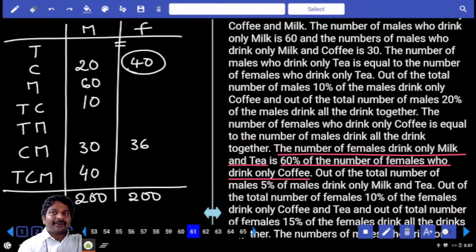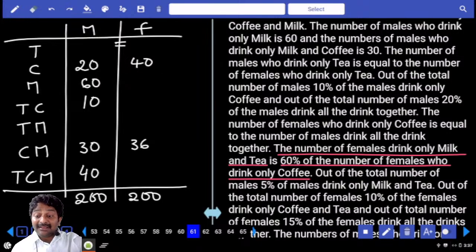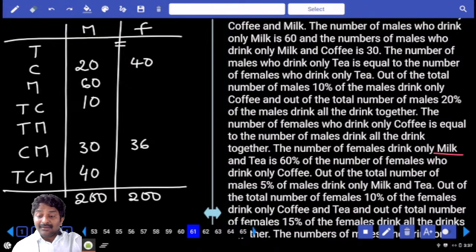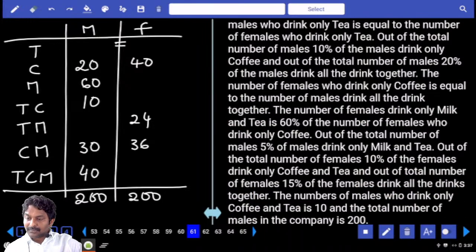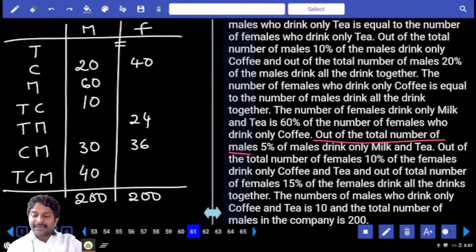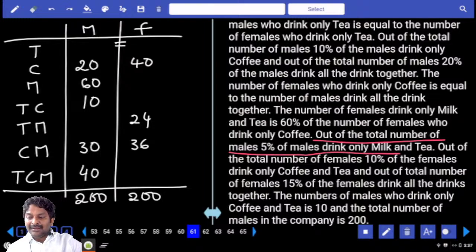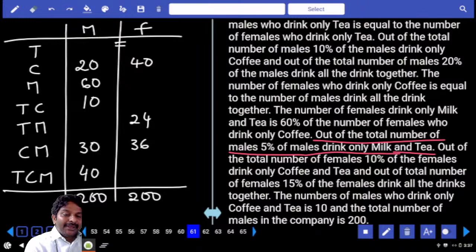Only coffee female 40. 60% of it is 24. Who are they? Female who like only milk and tea. Here it is 24. Next. Out of total number of male, 5% drink only milk and tea. 5%, 10. Milk and tea, which is 10.